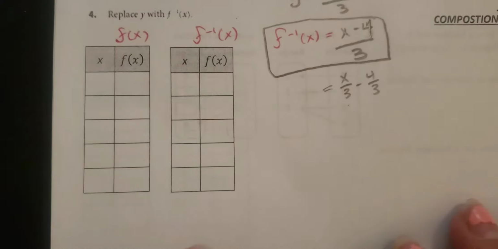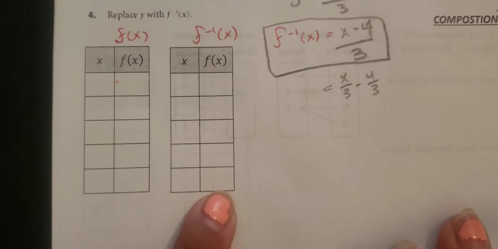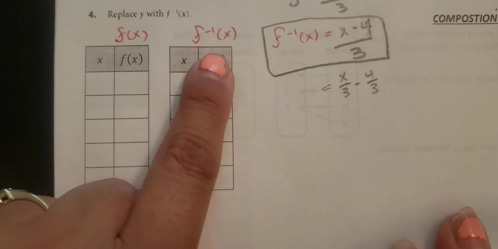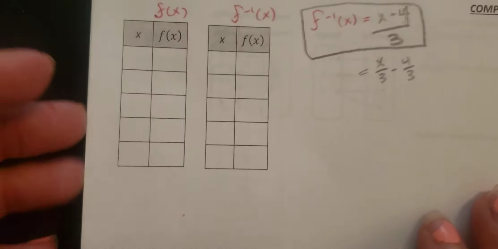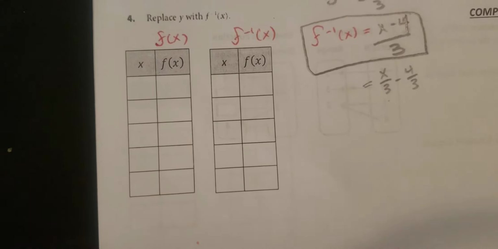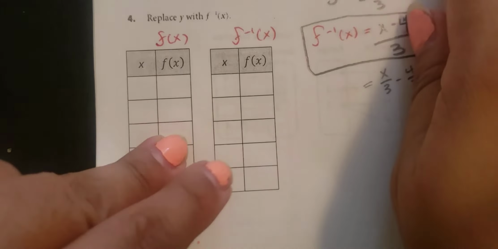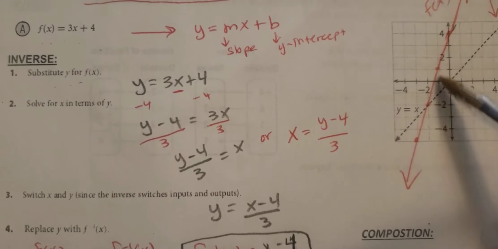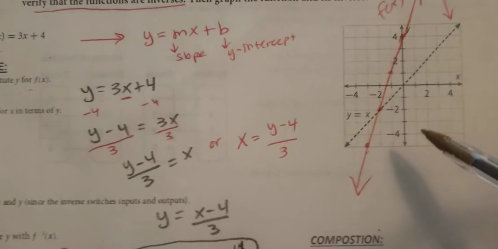This is when I use my tables. So remember, we're going to use the first table as my function, and this is going to be the inverse. So what I'm going to do is fill in a couple of points. And if you're wondering where I get these points, I'm going to get them from my graph. Notice I plotted 4 points on that line.